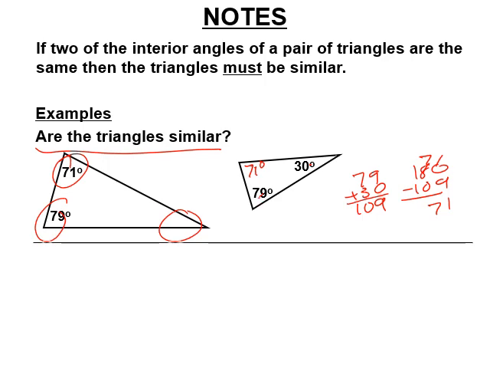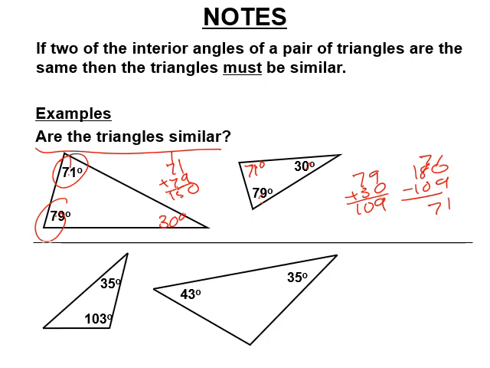If 2 are the same, the third one has to be the same. Let's double check it. Rule of triangles. So 71 plus 79 is 150. It has to add up to 180. Yeah. If 2 are the same, all 3 are the same. And you can use that.